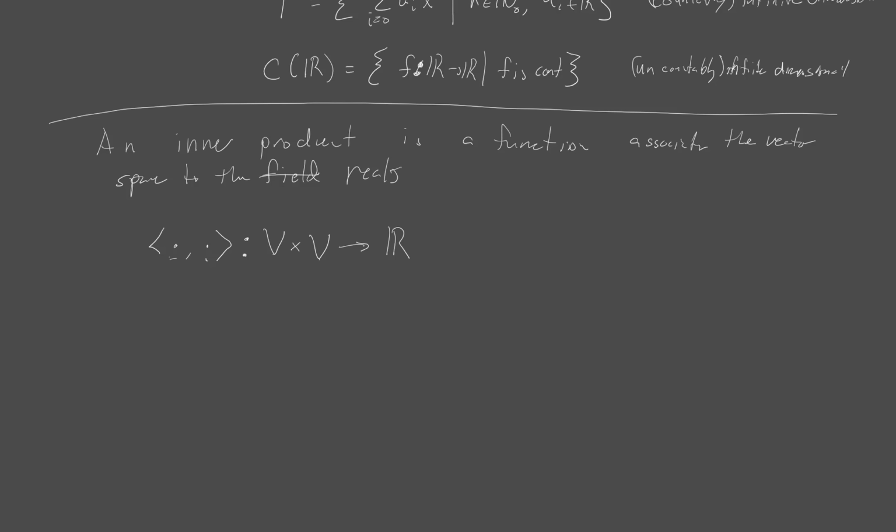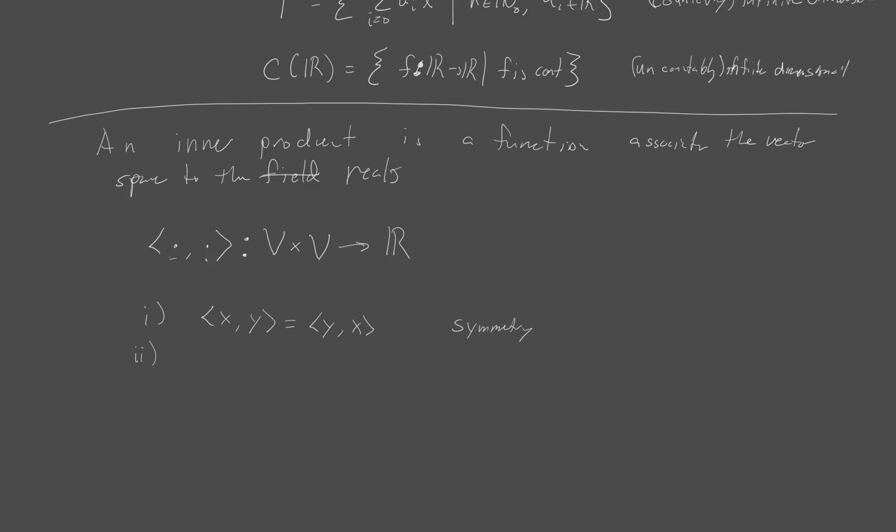But with the reals, I don't have to worry about conjugates. I can just make this definition a little bit simpler. So I want x inner product with y to equal y inner product with x. So I want symmetry.